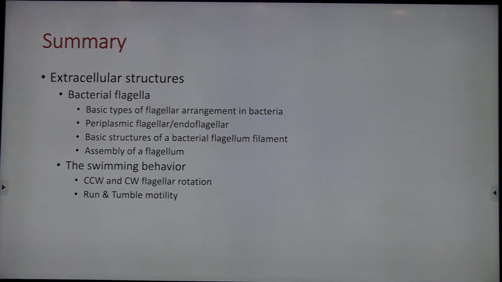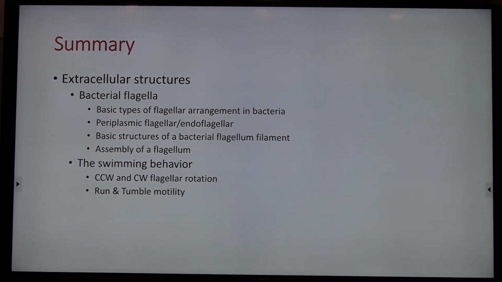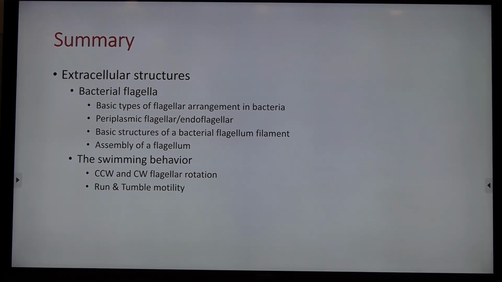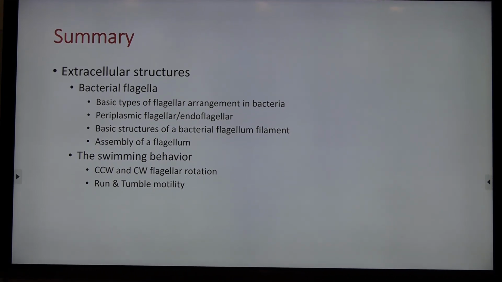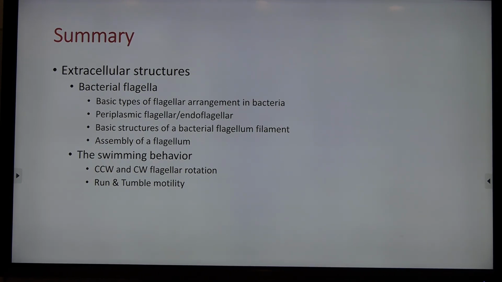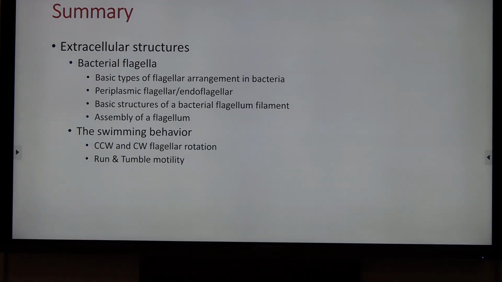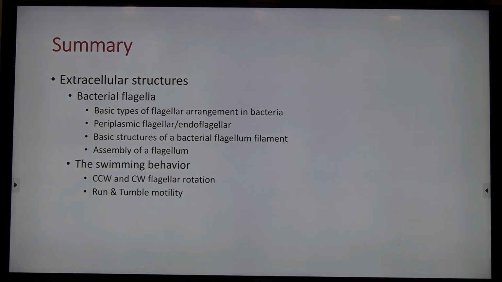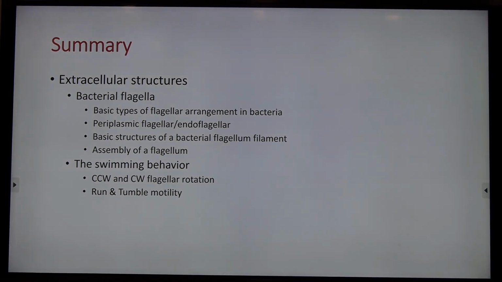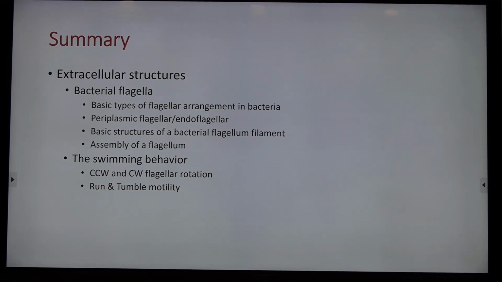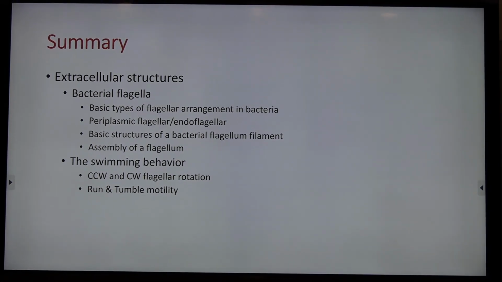So at last, here is a little summary of what we introduced in this section. As the first part, we learned about bacterial flagellum, basically the different types of flagellar arrangements in bacteria, and also some knowledge about the endoflagella or the periplasmic flagella. Also, there are the basic structures of bacterial flagellum filaments, which you really don't need to remember in all the details, but you just need to know the basic three parts of these filaments.